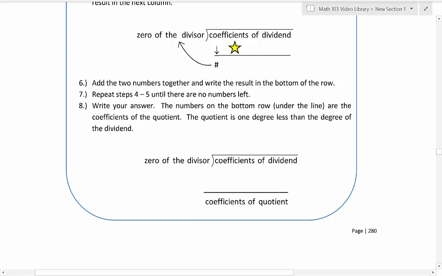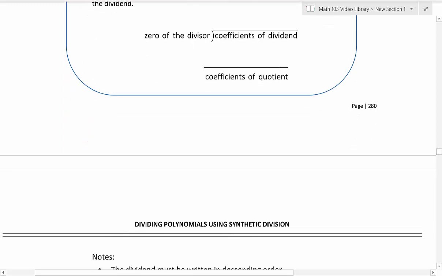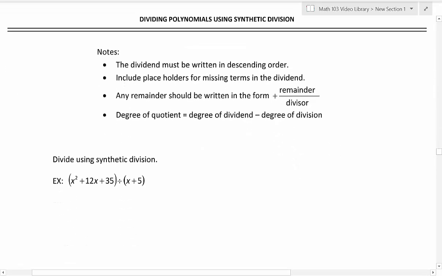You'll just start on the left with whatever your degree is. Say the degree of your quotient is supposed to be x to the third. You're just going to start with the coefficients of the quotient on the left, start with x to the third, and go down in descending order. As I said, once we do one of these problems, go back and reread these steps. They'll make a whole lot more sense.